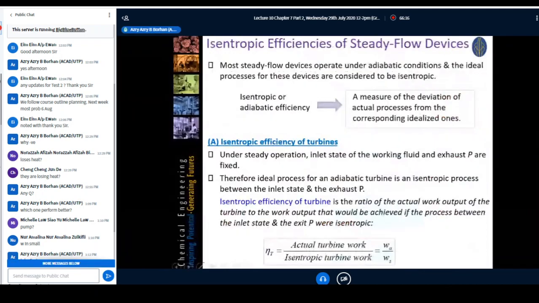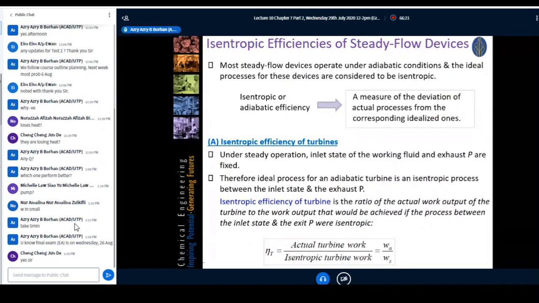All right, let's move on to the isentropic efficiencies of selected steady flow devices. We did notice that most steady flow devices, like pumps, compressors, turbines, even the expansion valve, all operate under adiabatic conditions. That means well insulated.